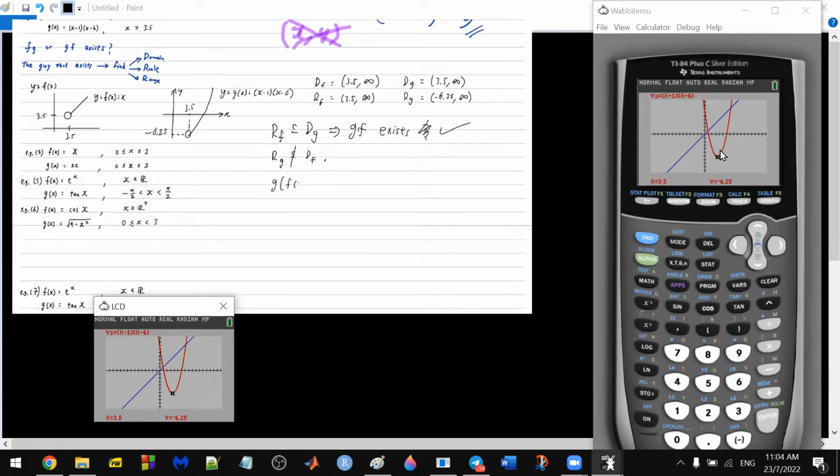G bracket F bracket X is the same as G bracket X minus 1 bracket X minus 6. Yeah, good. So that means it's just x minus 1, x minus 6. Coincidentally, because I'm giving you an easy question. Then how about the domain of GF?